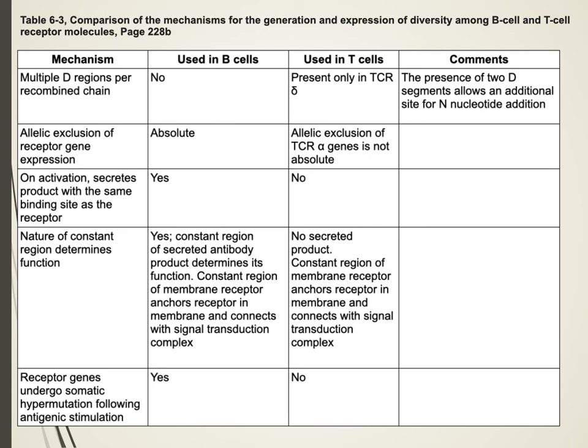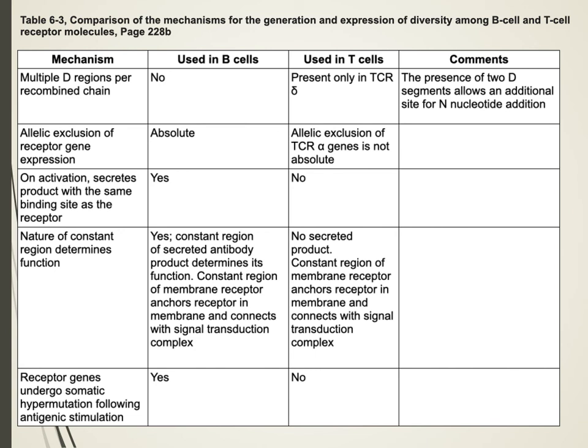Okay, so then looking at a process called somatic hypermutation, which we didn't talk about because we haven't activated our cells yet. We just got the initial, how do the receptors get expressed? But after exposure to antigen, B cells can undergo a process called somatic hypermutation, which means they can further edit and change the receptor.